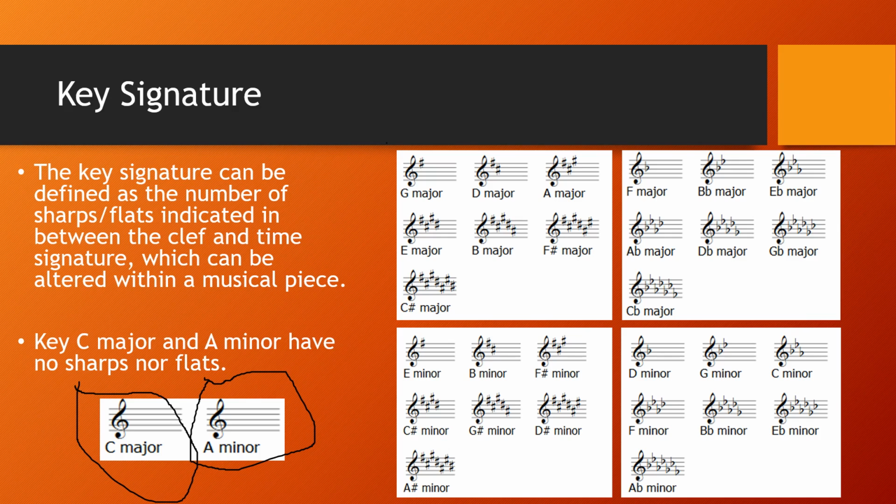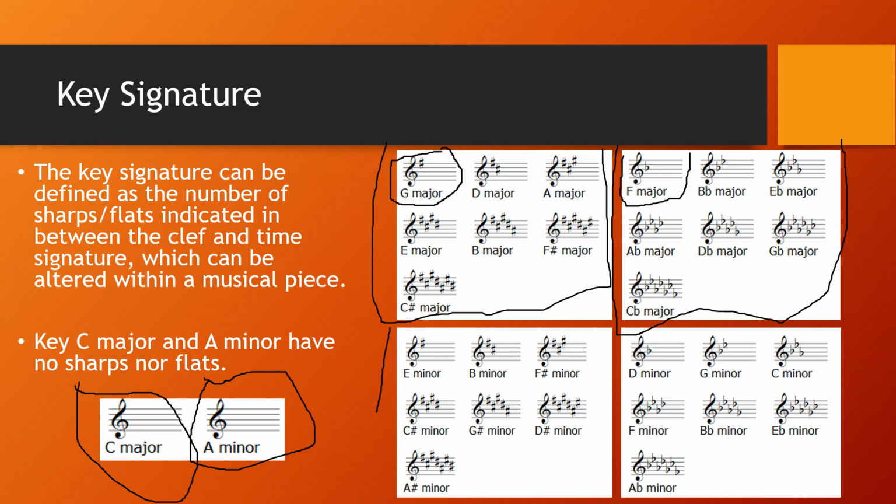Then this is a section of our major keys with sharps. The first one is G major, which has only one sharp, and that is F sharp. And the rest of it. There's a category of major keys with flats. The first one being F major with one flat, which is B flat.